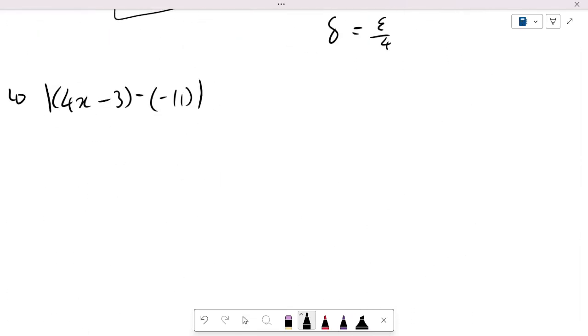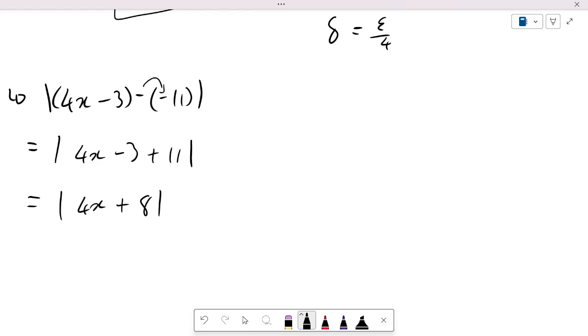So this is going to be equal to the absolute value of 4x minus 3 plus 11. That's just going to be plus 8. And then we can take out 4 as a common factor, and we're going to have x plus 2.